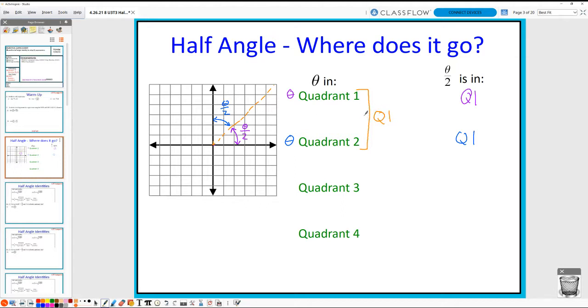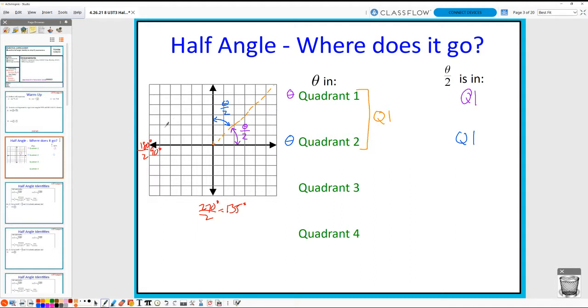So I'm guessing at this point you can probably figure out, what if I start with quadrant 3? What if I start with quadrant 4? But let's just take a look at those values anyway, real quick, right? So again, I have 180. This is my lower bound for my third quadrant. My upper bound is going to be 270 degrees, right? Again, this divided by 2 is 135. This divided by 2 is 90 degrees. So my lower bound is, again, 90 degrees up here.